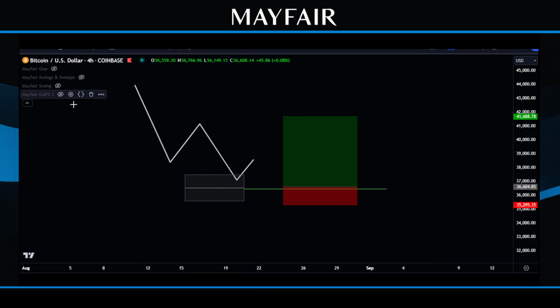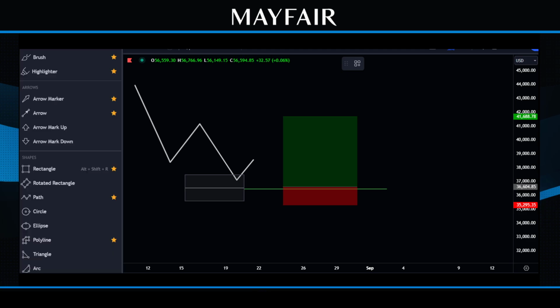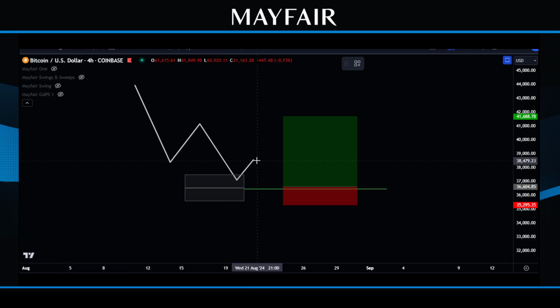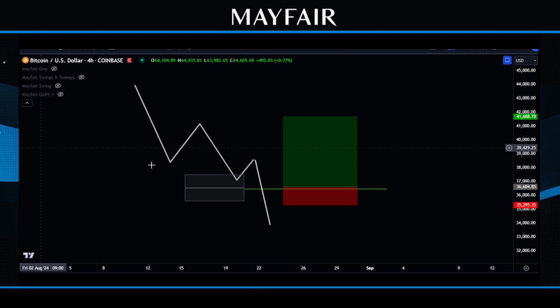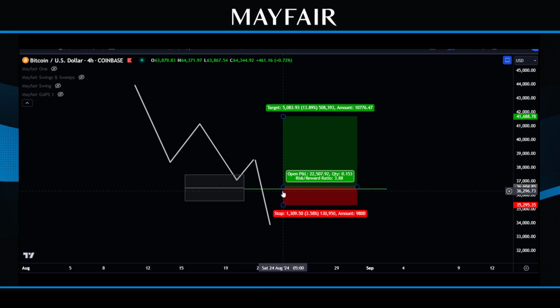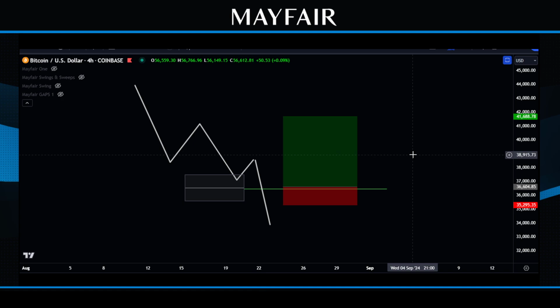The issue being is if you were to zoom down into the time frames and the next move down comes quite fast, okay? Now, the chances are this could fly all the way through, which means you've entered on a position on the assumption that we're actually going up.